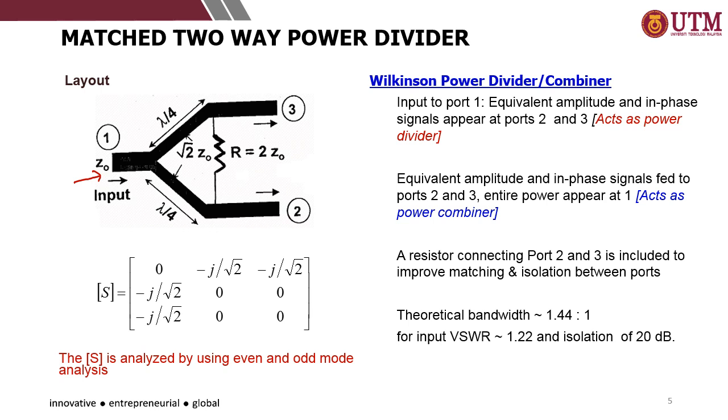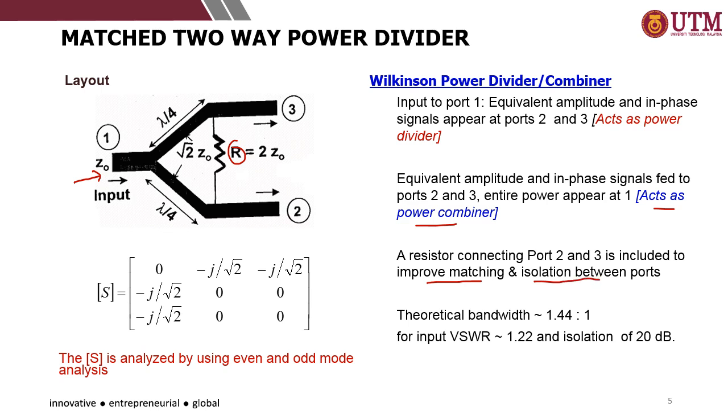On the other hand, if you have equal amplitude and in-phase signals fed to port 2 and port 3, and the output appears at port 1, the design is actually representing a power combiner. While the resistor connecting the two ports, port 2 and port 3, basically improves the impedance matching and also provides better isolation between the two ports.